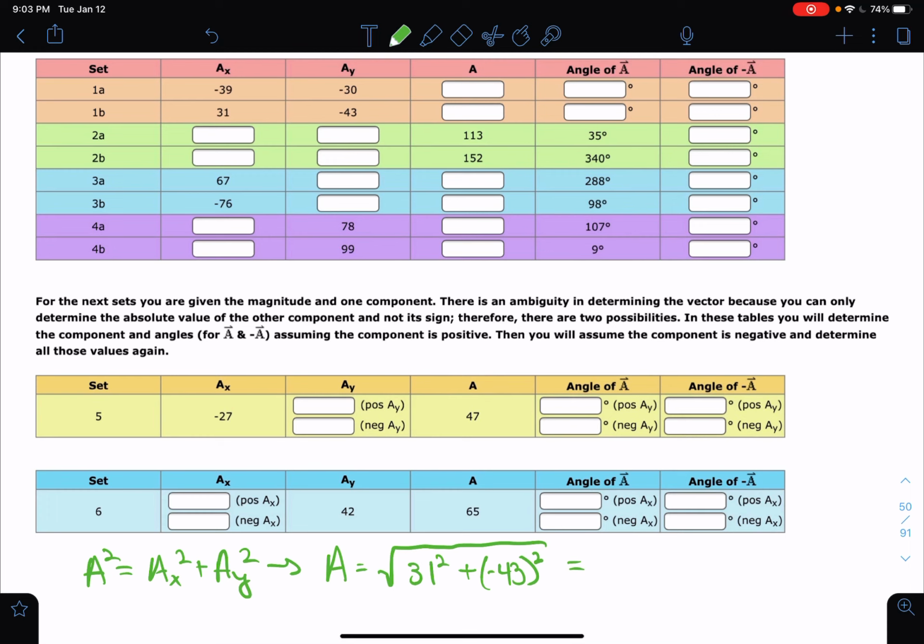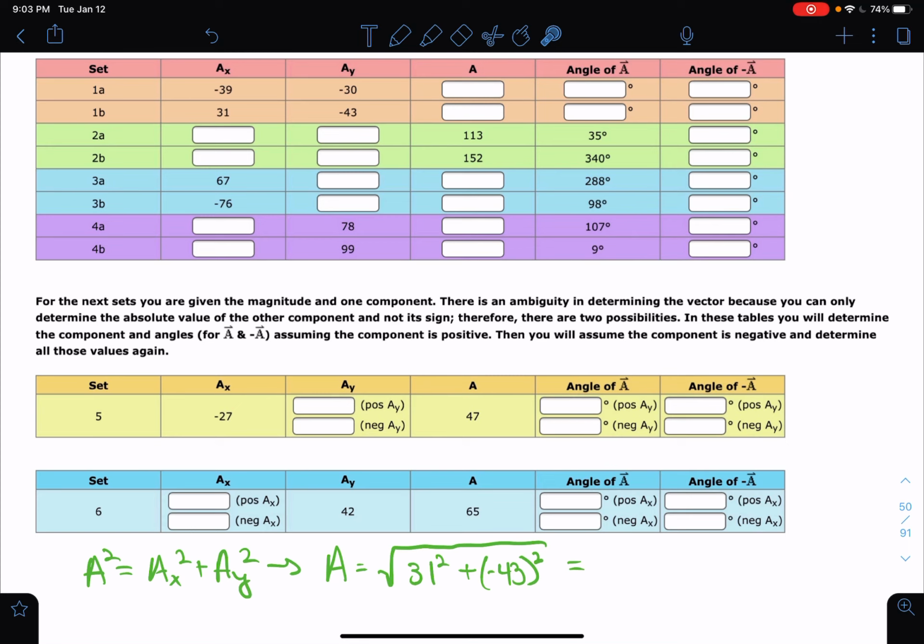And of course you need to plug this into your calculator. I want to point out that this negative can cause problems. If you just type in negative 43 into your calculator, in fact I'll type it into mine right now, and I square it, it comes back with negative 1,849.